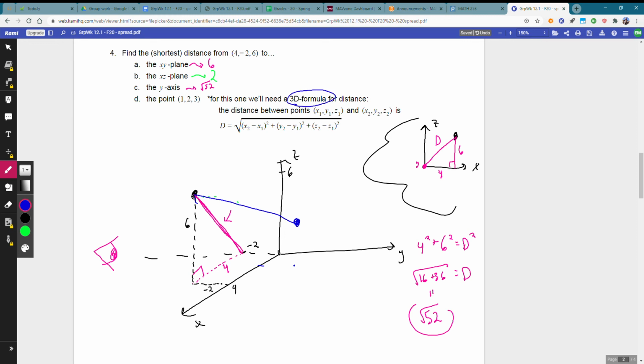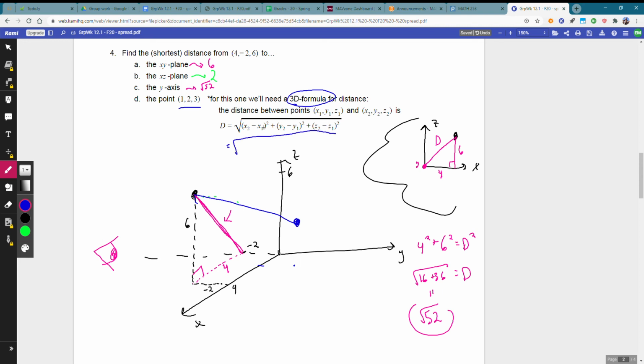We need a 3D formula for distance, and it's a beautiful generalization of the 2D formula that we're used to. We just have differences of all of our components squared, and then square root of the sum there. All right, so if we want to find the distance to the point 1, 2, 3, cranking into our formula here, I'll just make use of this.